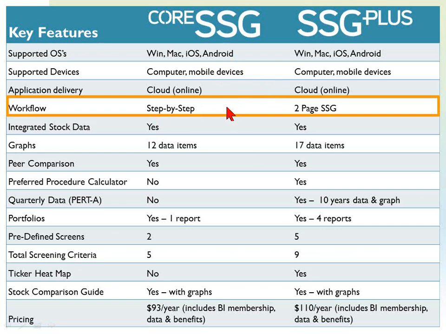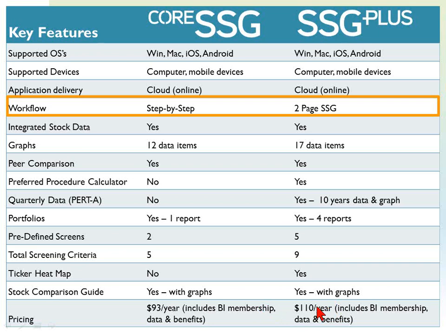Core SSG is step-by-step. SSG Plus, as I'll show you, is really accomplished in 2 pages. They both have the integrated stock data. There's not a separate data service or something you have to load there. There, in general, are more features and functionalities with SSG Plus and a little bit higher annual price. Now, this is the all-in price.